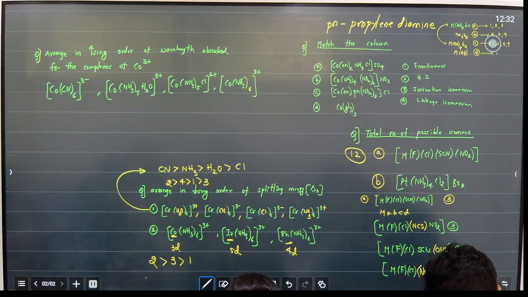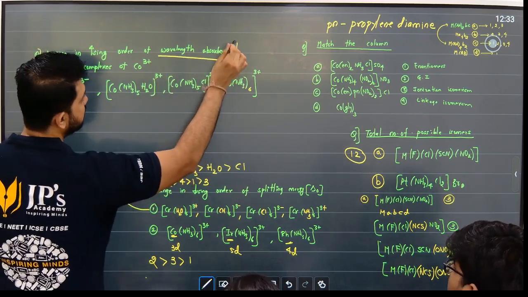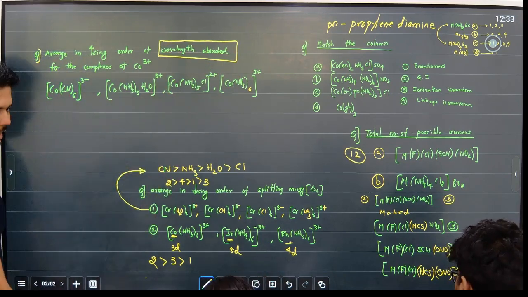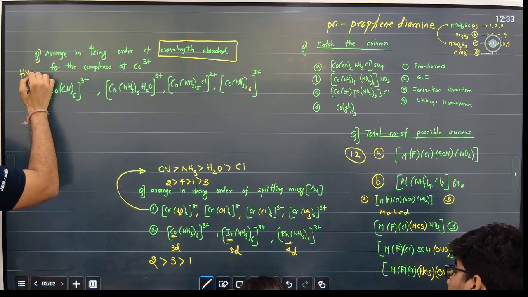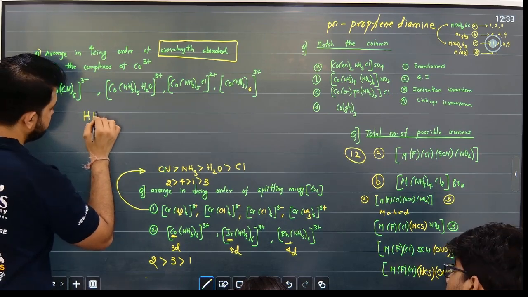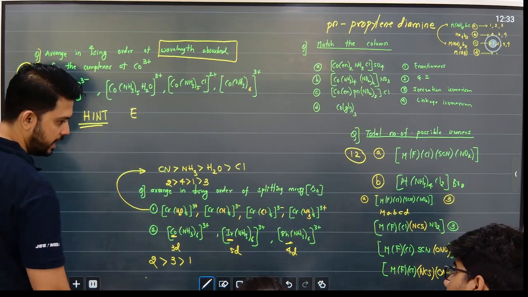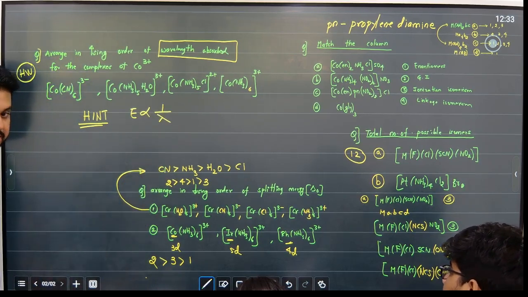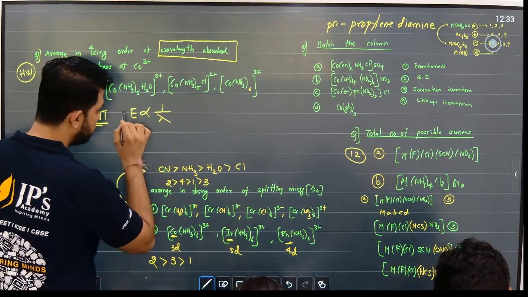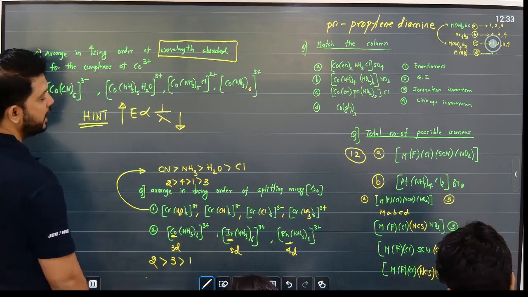The last homework question: arrange in increasing order of wavelength absorbed. I want this as homework, but let me give you a hint. We know that E is inversely proportional to lambda. E is hc by lambda. So the stronger the ligand, the smaller will be the wavelength absorbed.